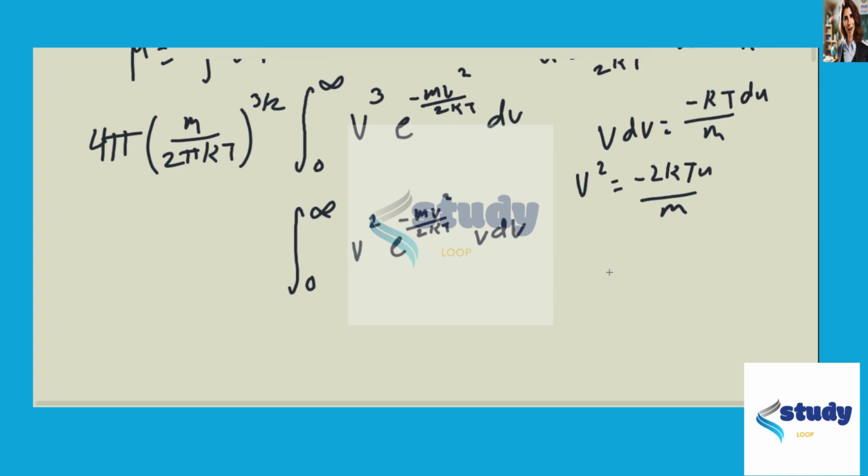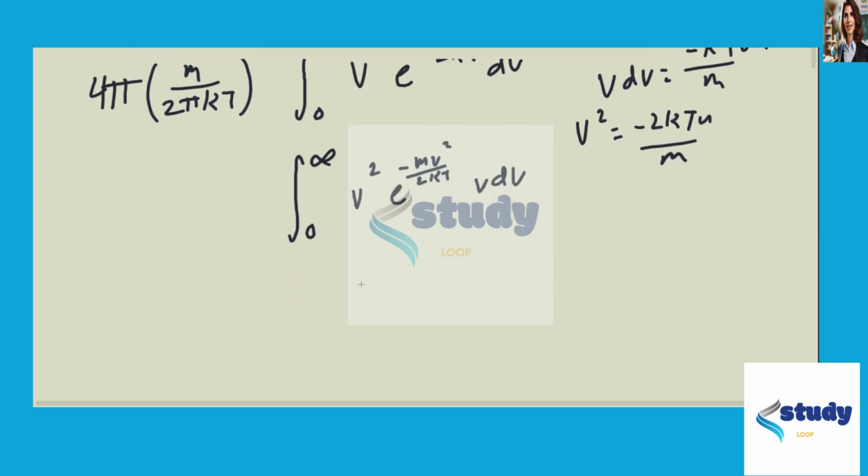So now I can rewrite this integral as negative 2kt u over m times e to the u du. So that just became far simpler, and these are all constants. So I'm going to put them on the outside of the integral along with this.